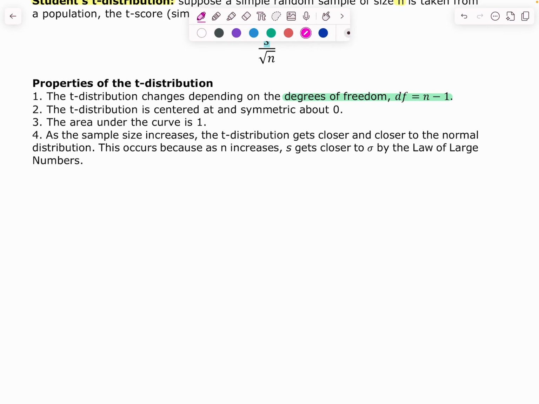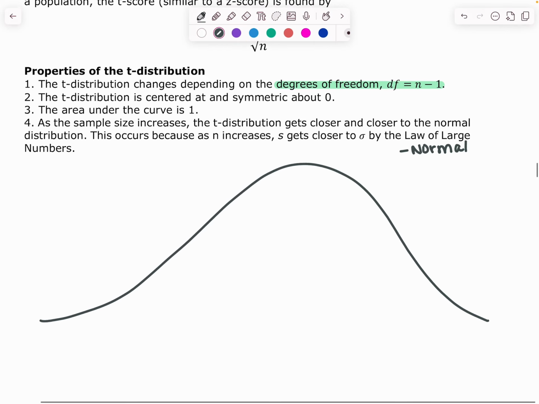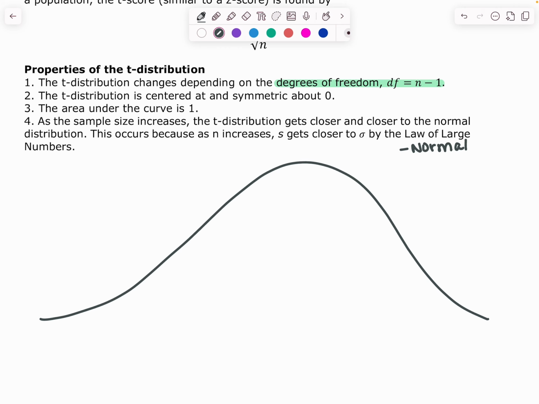So some examples of what these curves might look like. This curve might represent the normal distribution. It's a little lopsided. And then we might have this curve that represents the t-distribution with a sample size of 30.